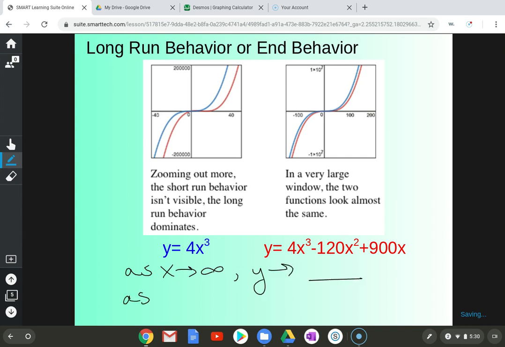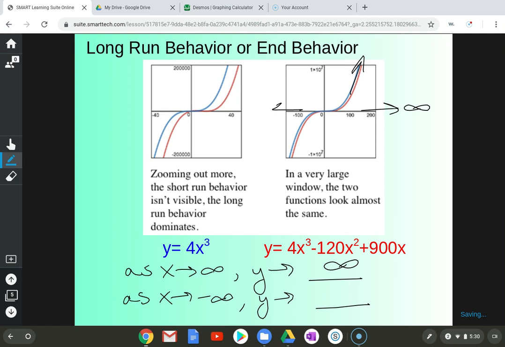And as x approaches negative infinity, what does y approach? So for this graph, as x goes out to infinity, what is our y value pointing at? Our y value is pointing up to positive infinity.